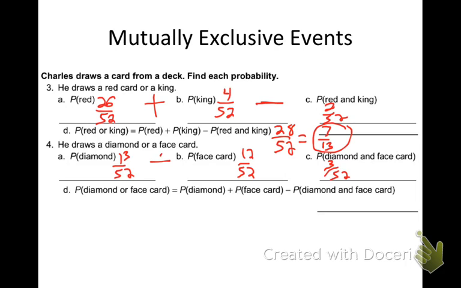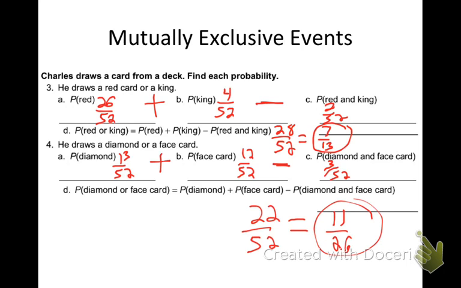So I'm going to add the first 2 probabilities and then subtract the overlapping probability. 13 plus 12 is 25 minus 3 is 22 out of 52, which simplifies to 11 out of 26. And again, the key is you have to subtract those overlapping events. You can't add it in there twice.